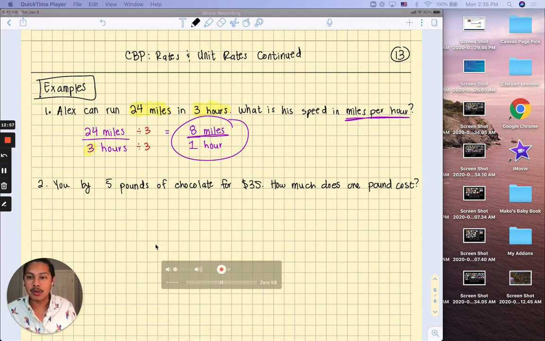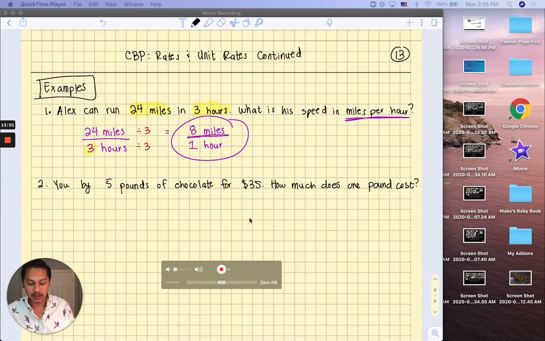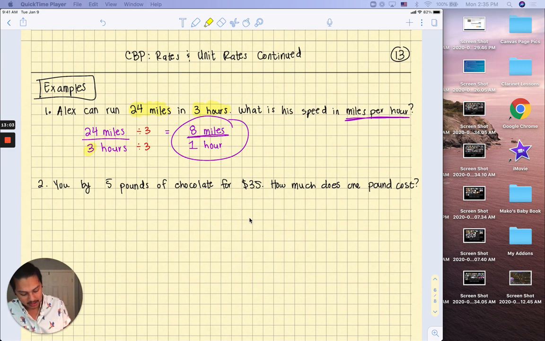Step 1, write a fraction of the two quantities, of the two numbers. It looks like my quantities are 5 pounds and $35. Okay, so here's where things might get a little tricky because we want to change the 5 pounds into the 1. So the pounds is actually going to be in the denominator of my fraction here.